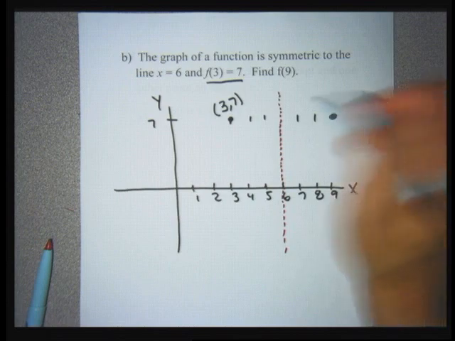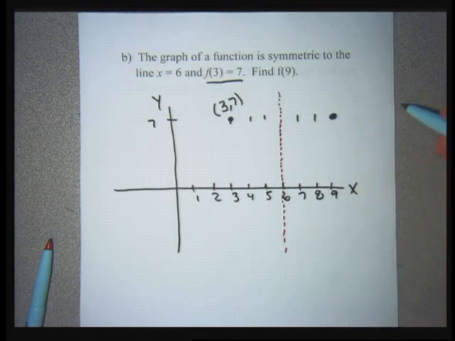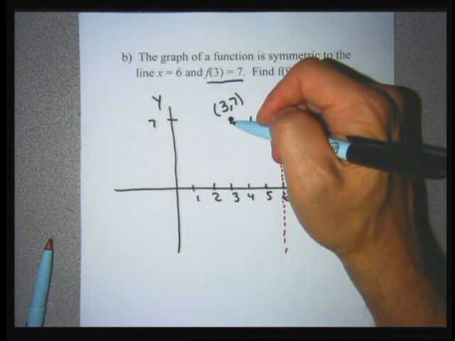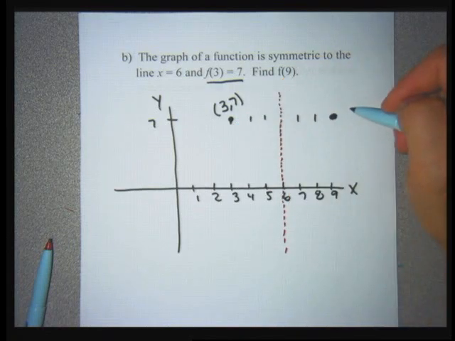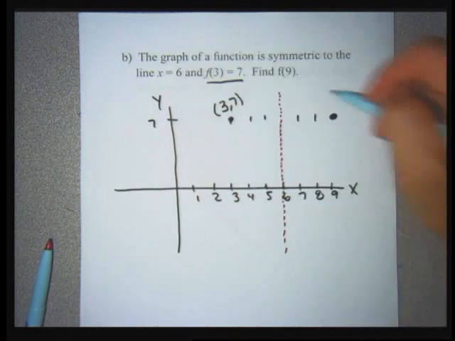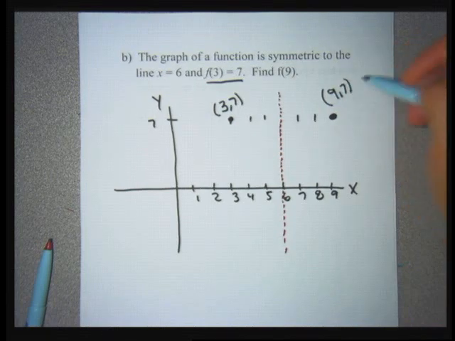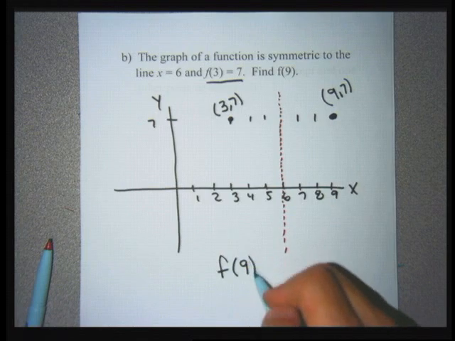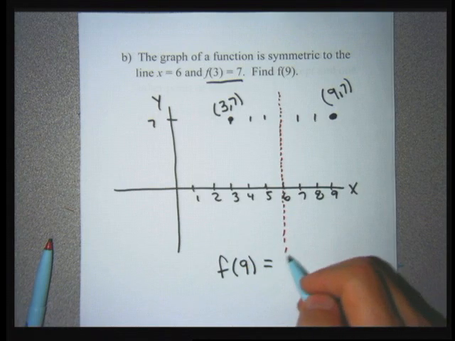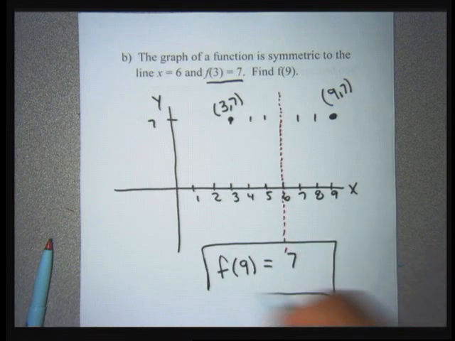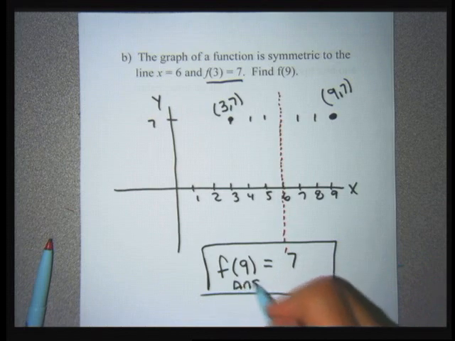Because the graph is symmetric about x equal to 6, if I have a point 3 units to the left of the vertical line, I need a mirror point 3 to the right of it. And this point has x value 9, y value 7. So the point of symmetry is the point 9, 7. And in function notation, I put the x coordinate of the point in the parentheses with the function name, and the y coordinate of the point to the right of the equal sign. That's going to be my answer to part B.